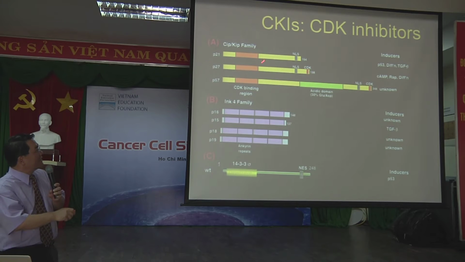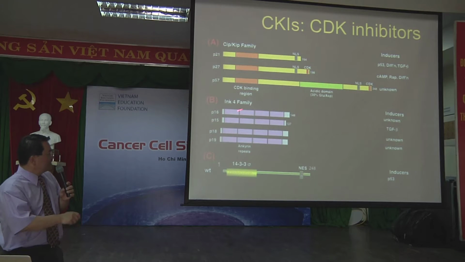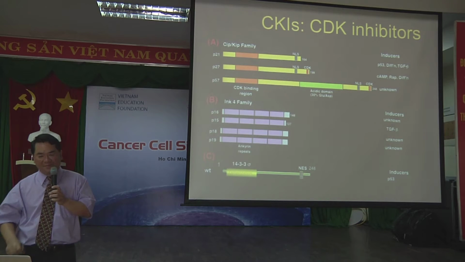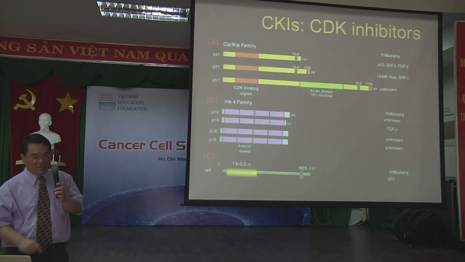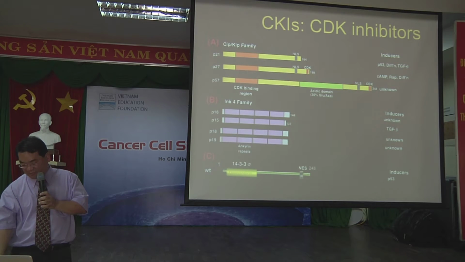Look again: P27 and P21 are one family, and the INK4 family is another family. We call INK4 a family because it has these so-called ankyrin repeats, which are protein interaction motifs.